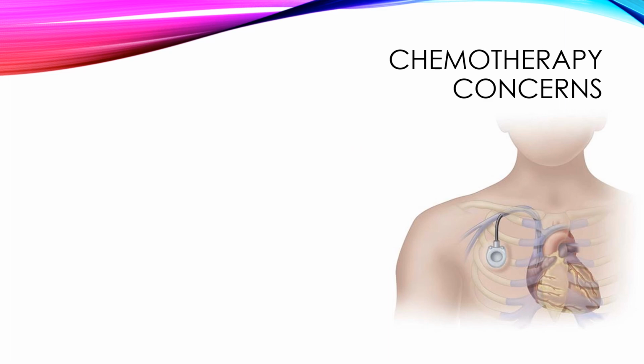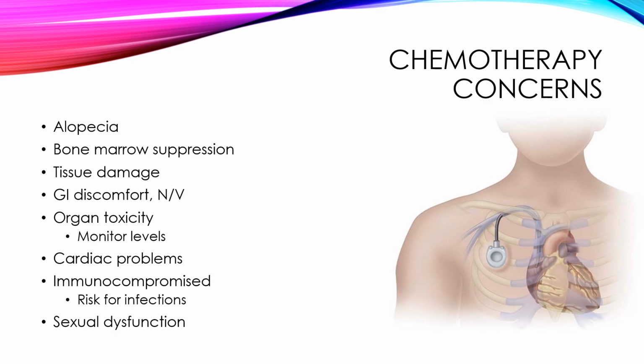Concerns of chemotherapy medication are going to be pretty much the same. Alopecia, so losing of hair, and bone marrow suppression, so their blood counts may be affected and need to be monitored frequently. Tissue damage, especially if it's given in an IM or sub-Q route, so that localized area should be monitored frequently.